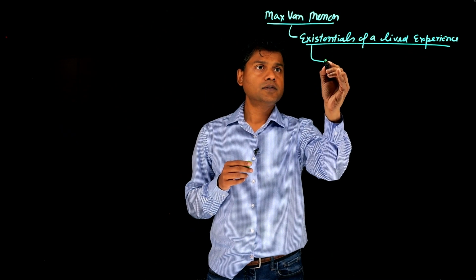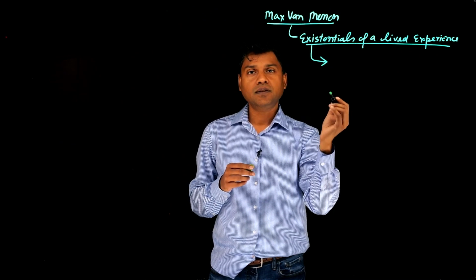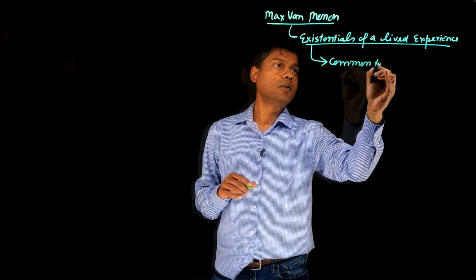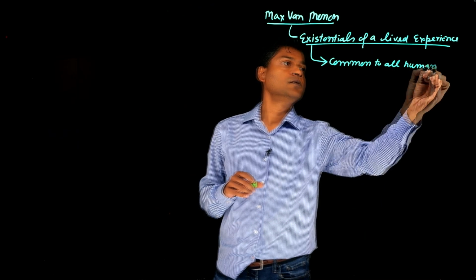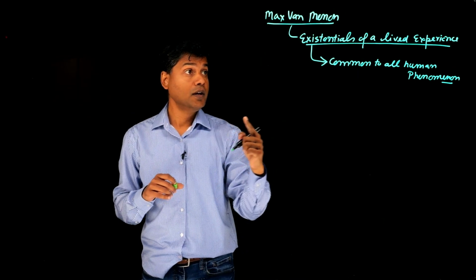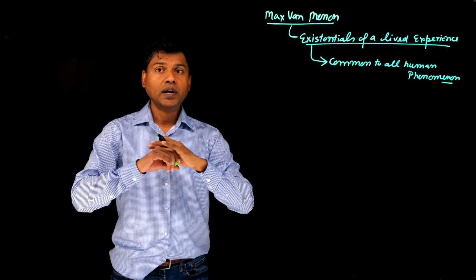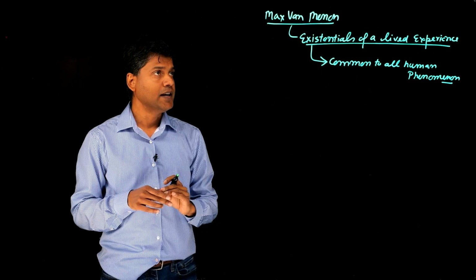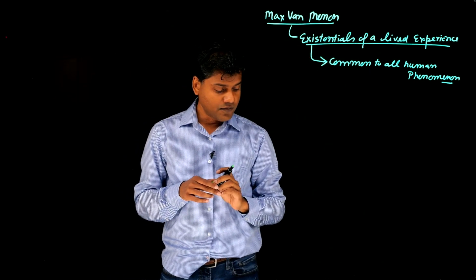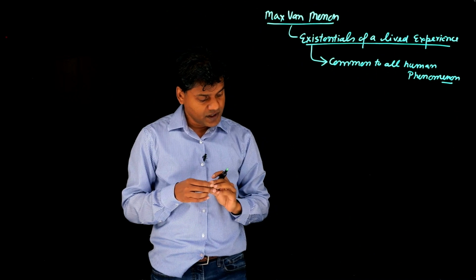Van Manen refers to existentials as something which is common to all human phenomena. So the template that we are going to learn applies to any human experience, and that is why he calls it existentials of a lived experience.